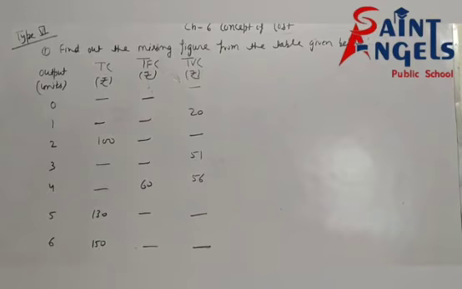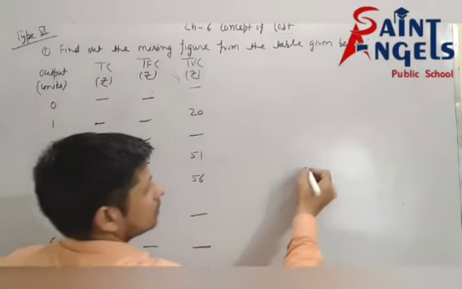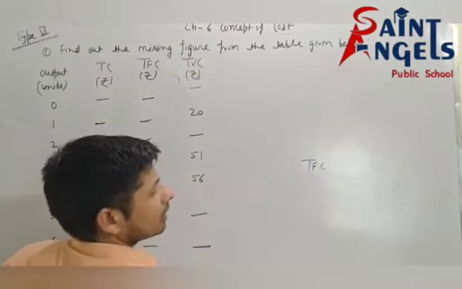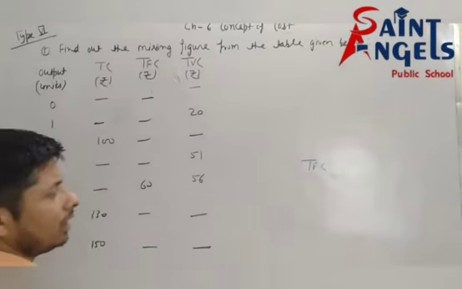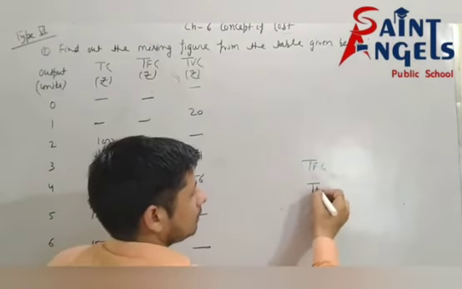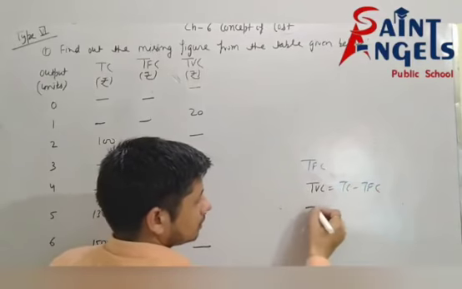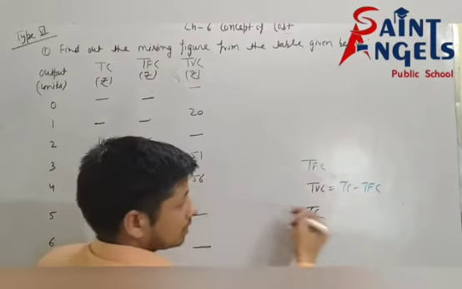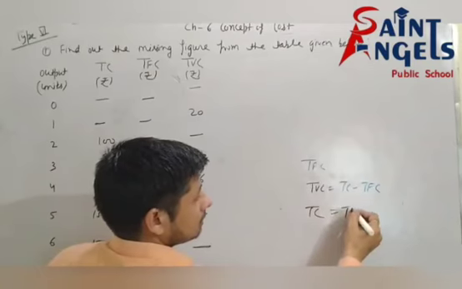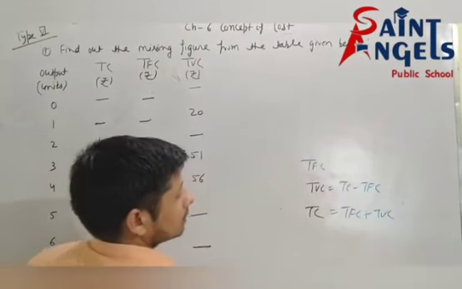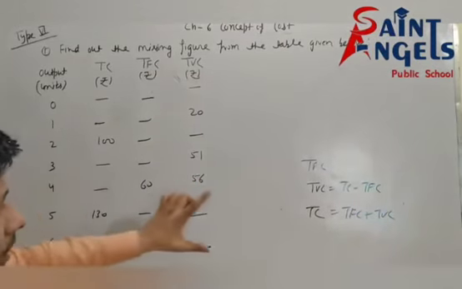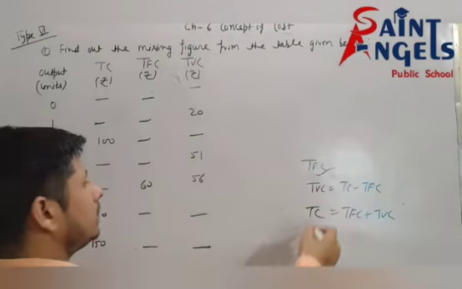See, type 6. Find out the missing figure from the table given below. Again, first of all, you will calculate TFC. And what is the formula of TVC? TC minus TFC. And what is the formula of TC, according to this question? TFC plus TVC. But first of all we will find TFC.